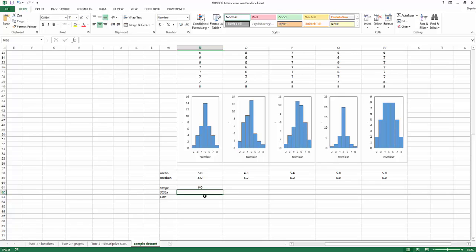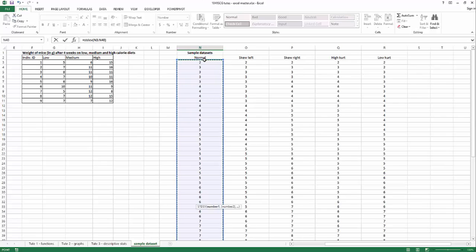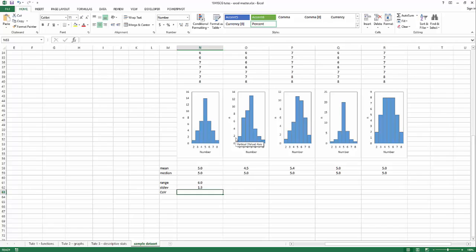Standard deviation, you remember the Excel function is stdev, so equals stdev of my data set. There we are. And then for the coefficient of variation, slightly different. Coefficient of variation is calculated by dividing standard deviation by the mean.